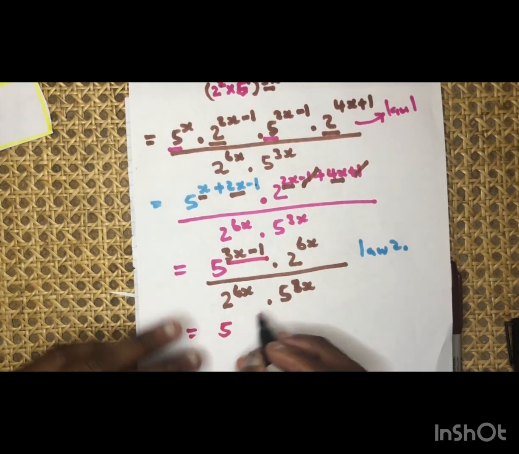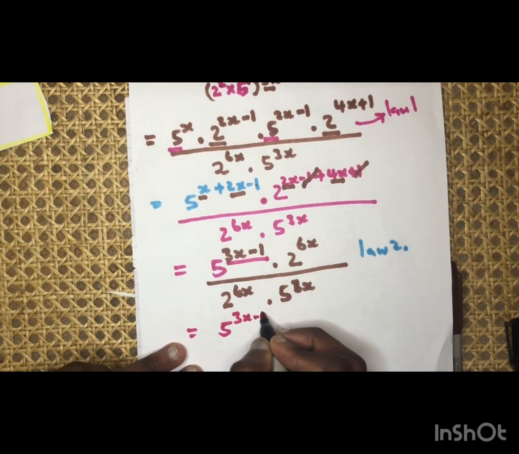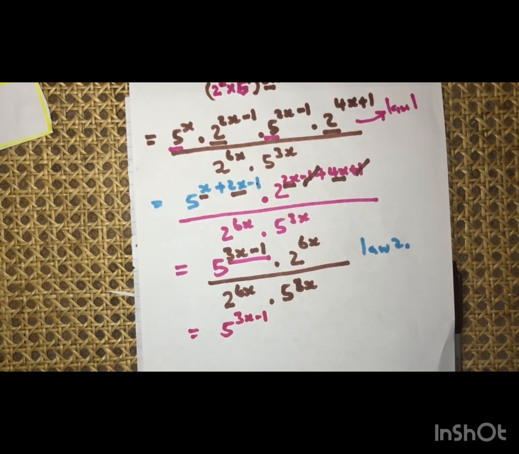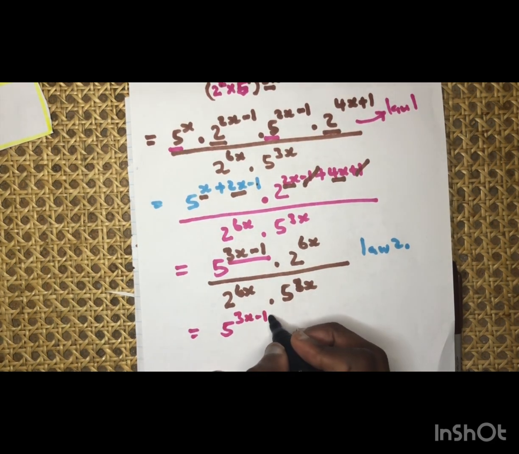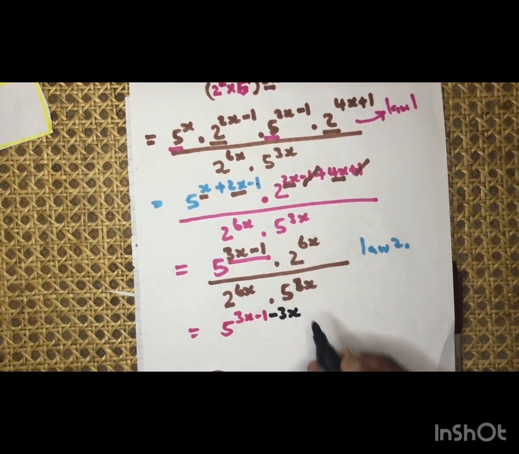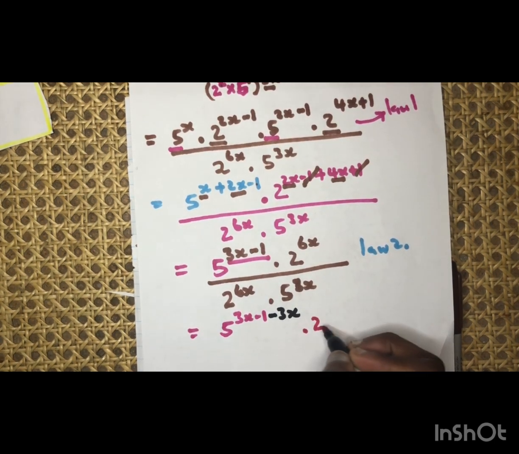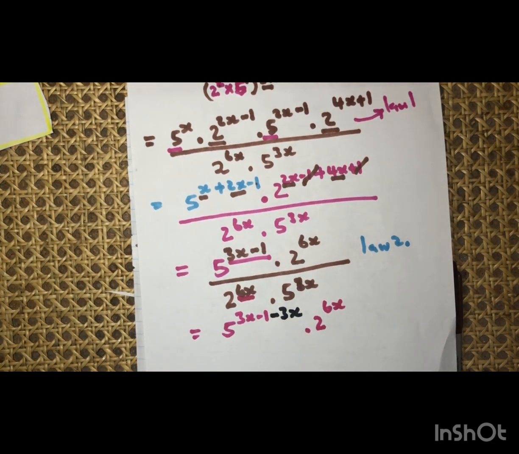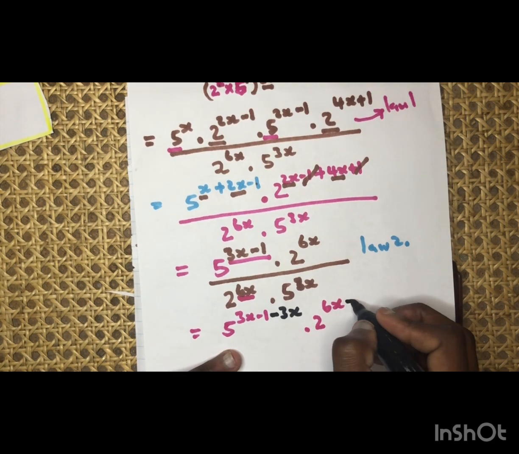So this was your exponent, 3x minus 1. Remember, if we take this exponent up, this positive 3x is going to change to become minus 3x. Then times 2, this one, 6x. If we take this 6x up, the sign is going to change to become minus 6x.